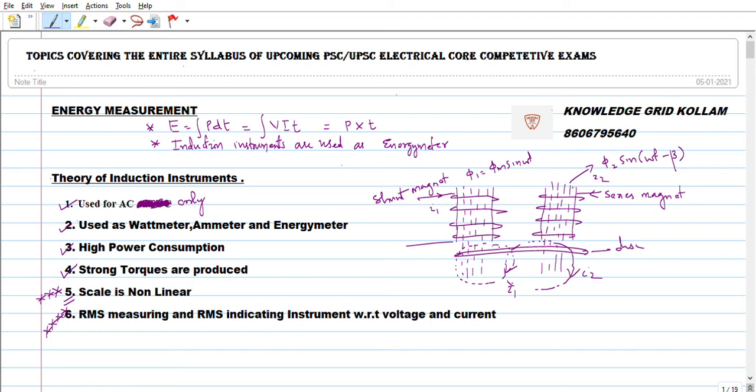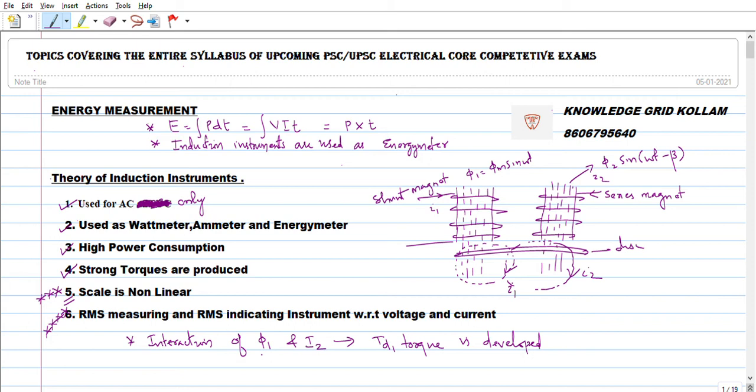So we can conclude: first point, the interaction of flux phi 1 and current I2 develops torque TD1.